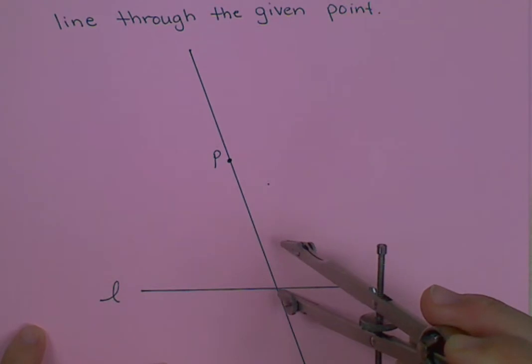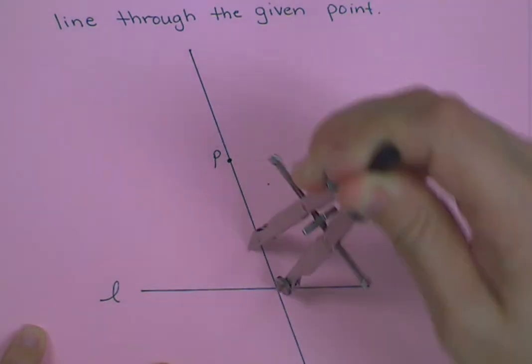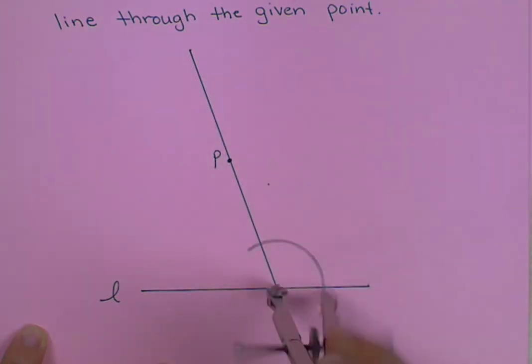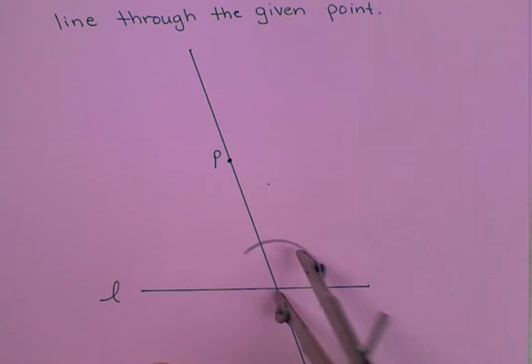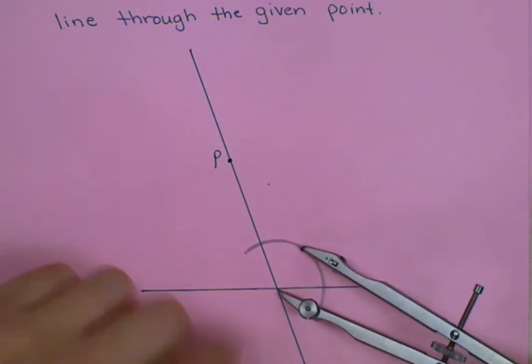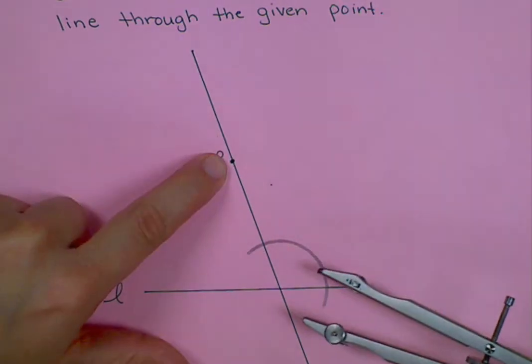You're going to measure from the vertex of the angle, and you're going to measure the opening with your compass. You're going to create an arc that goes through that opening. Now here's where you set it and forget it. What you do on one section, you have to do on the other. P will be our second vertex.